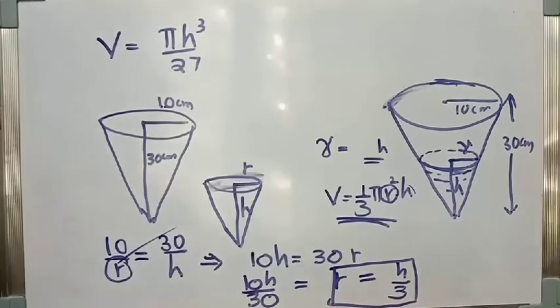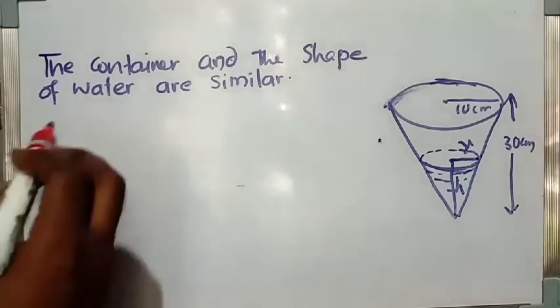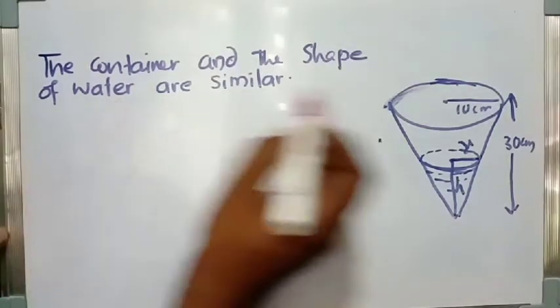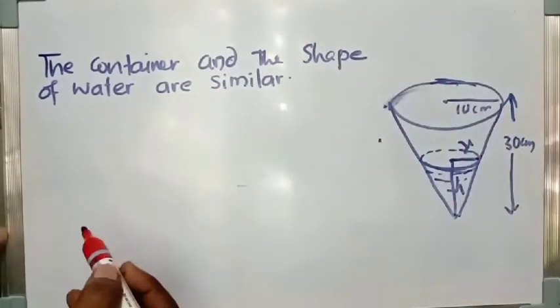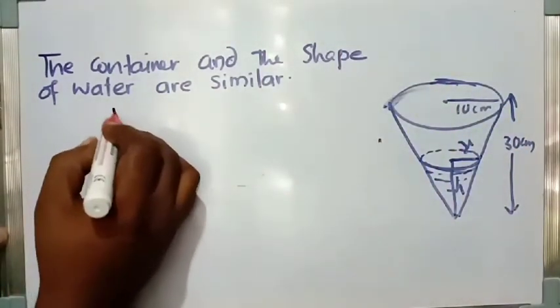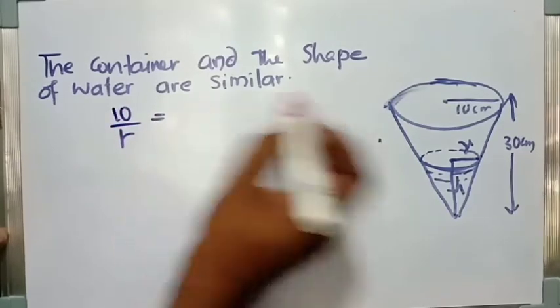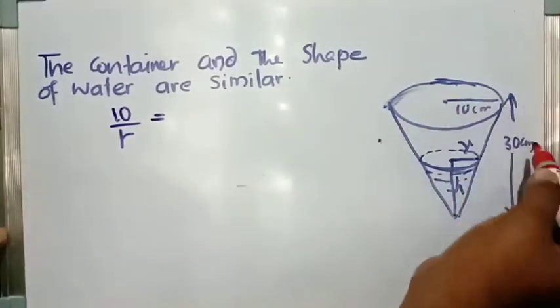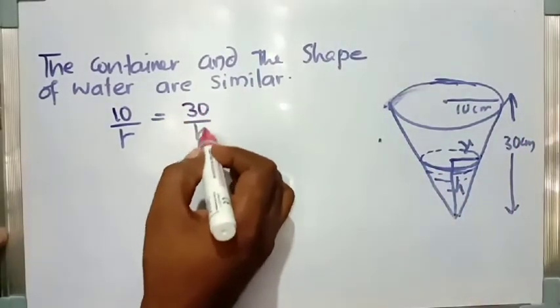Let's make it in a proper way. The container and the shape of water are similar. Hence 10 by r or r by 10, anyways you can make it. 10 by r is equal to, we have taken 10 on the numerator, so 30 should be the numerator here, 30 by h.